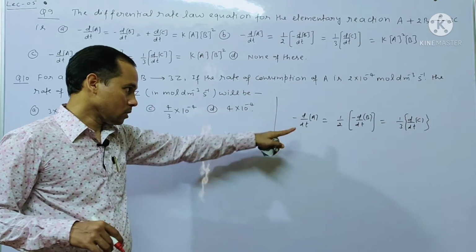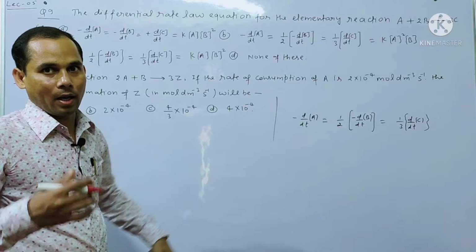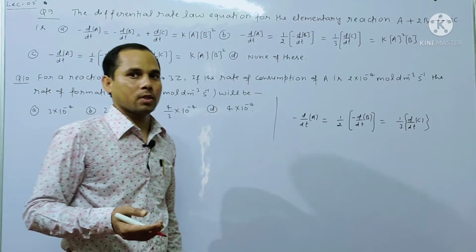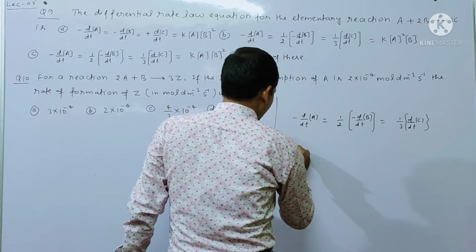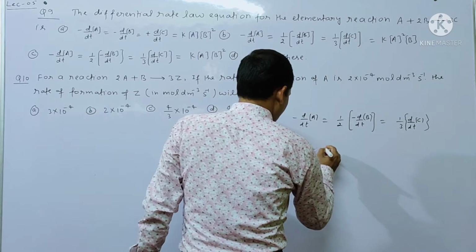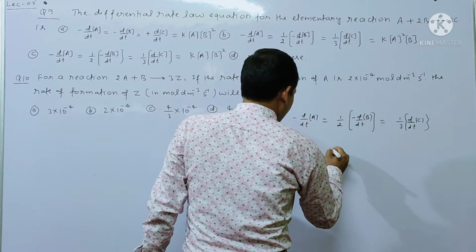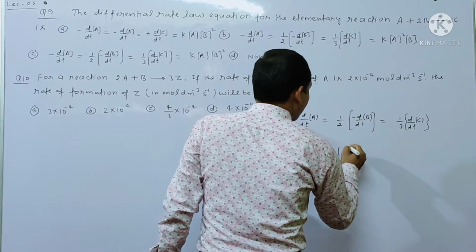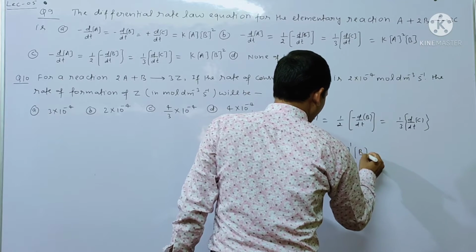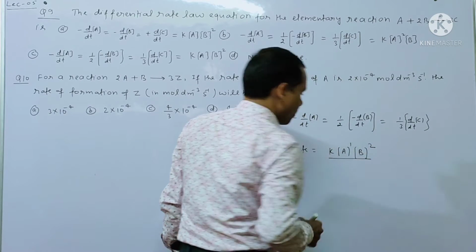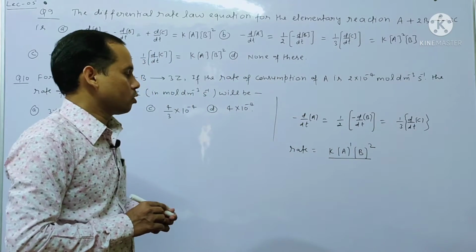Now, in normal form, we can write the rate equals K times A to the power 1 and B to the power 2. Why are we taking B to the power 2 and A to the power 1?